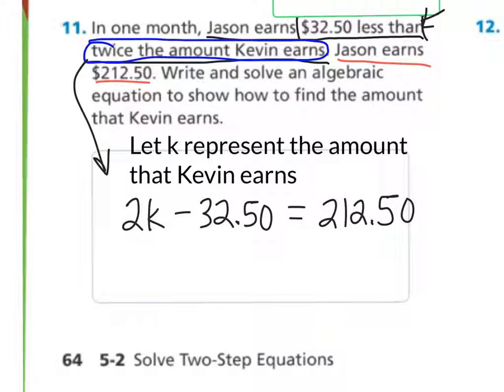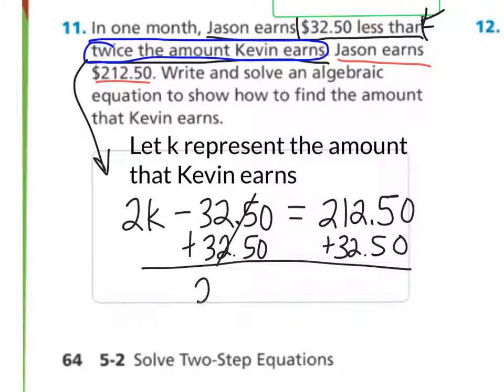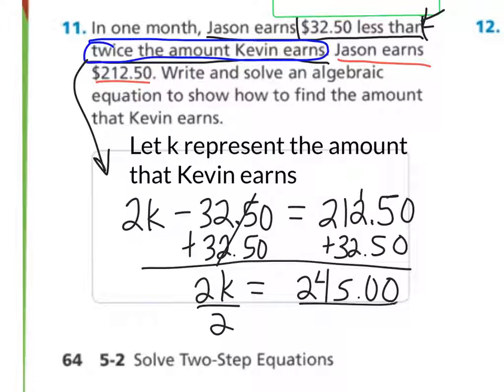So once we have that equation set up, you can see they're subtracting. Means we need to add $32.50. And then divide by 2.